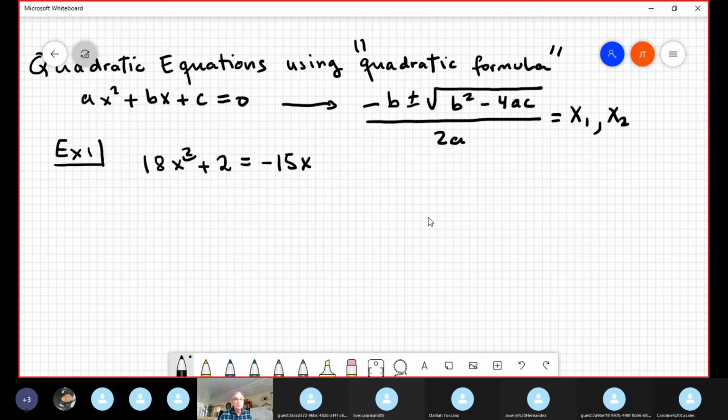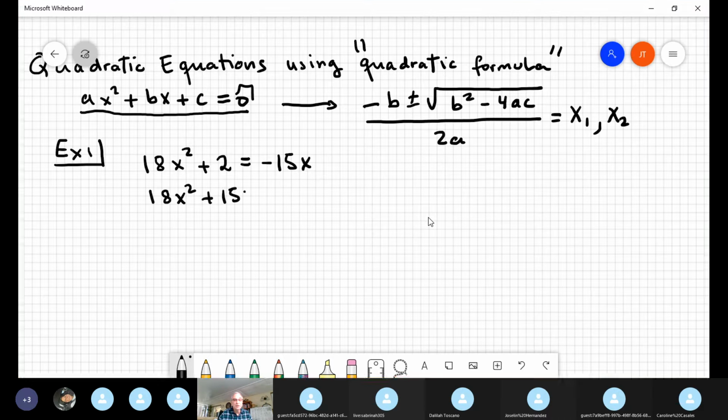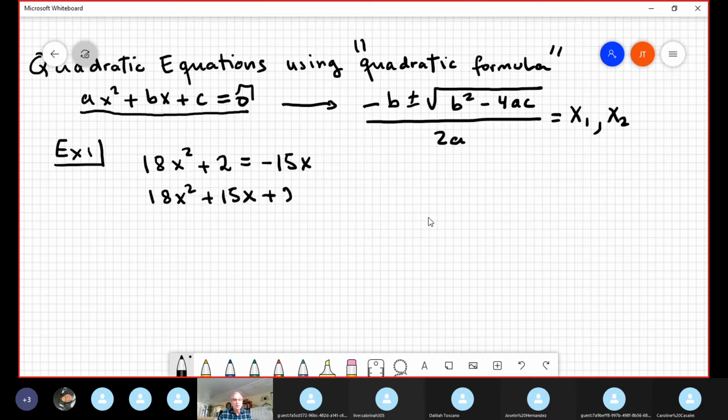Look, when you see exponent 2, it is quadratic. Okay, but unfortunately, this quadratic equation is not expressed in standard form, because in standard form the right-hand side must be 0. You organize in descending order of the degree: 2, 1, 0. So step 1 is always to try to write the equation in standard form.